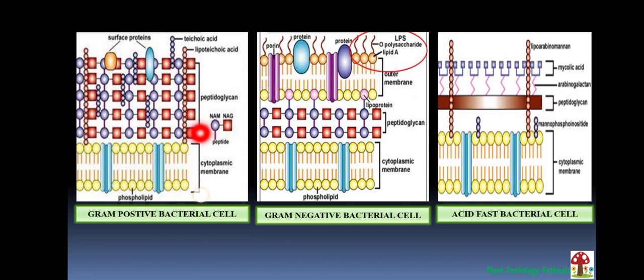So this is the difference between the cell wall in these three types of bacteria: gram-positive bacteria consist of multiple layers of peptidoglycan and also contain teichoic and lipoteichoic acid, whereas gram-negative and acid-fast bacteria have only a thin, single layer of peptidoglycan. So the cell wall is very thin.